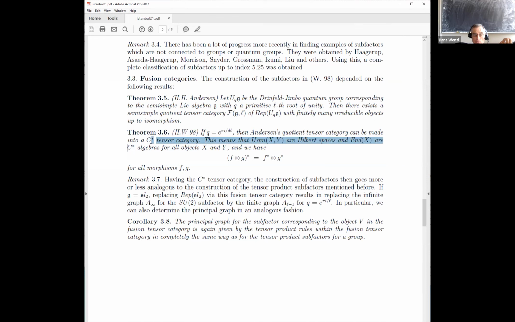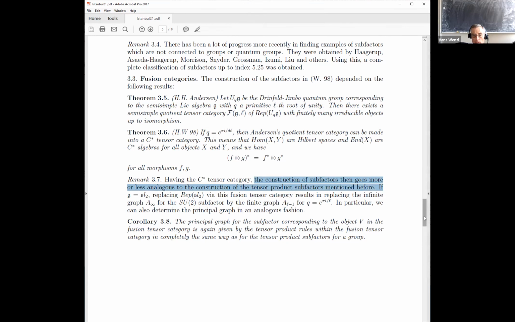And finally, also that the star operation is compatible with the tensor product operation. Okay. So having the C-star tensor category, then you can play the same game as before with construction of subfactors.